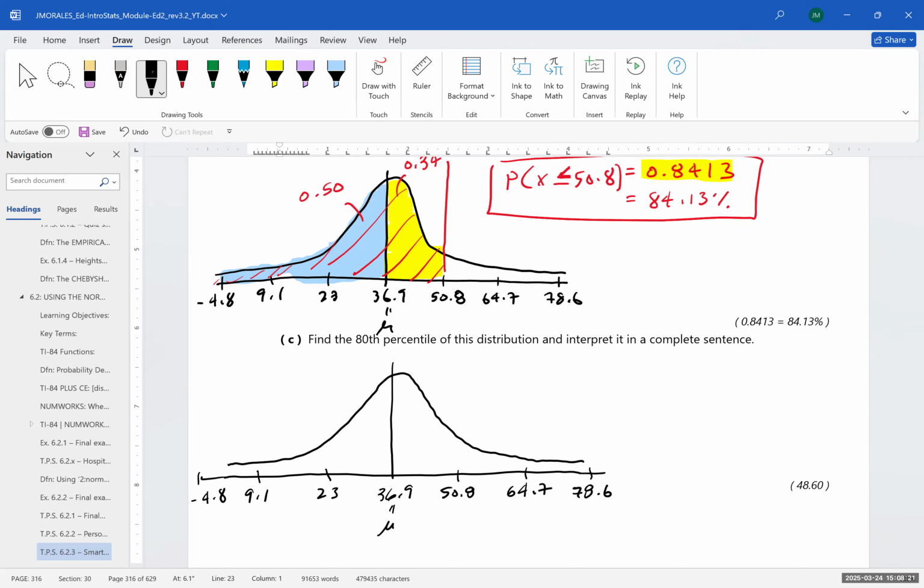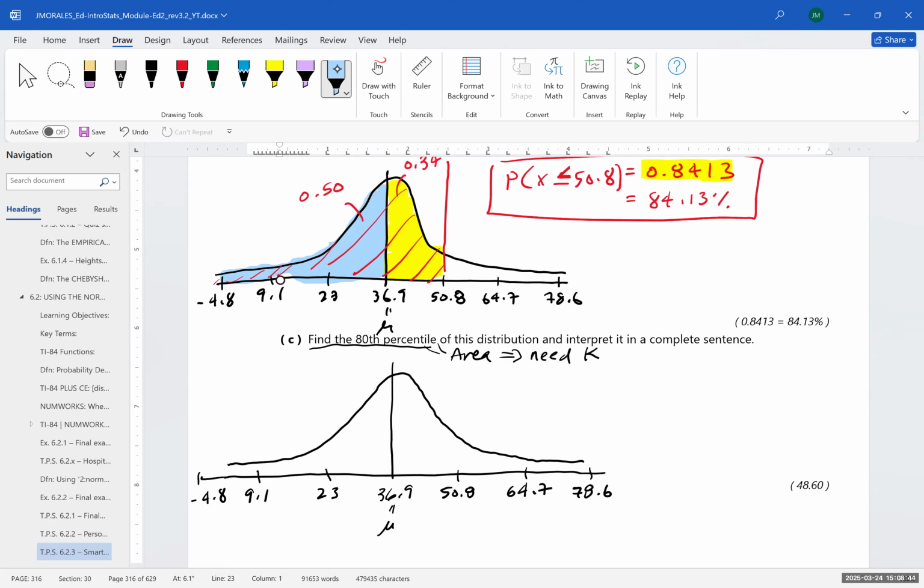All right. So we're trying to find the 80th percentile. That is indicating that we have an area, and what we need is some value on the horizontal axis. We need a percentile rank. Well, where's the 80th percentile going to live?